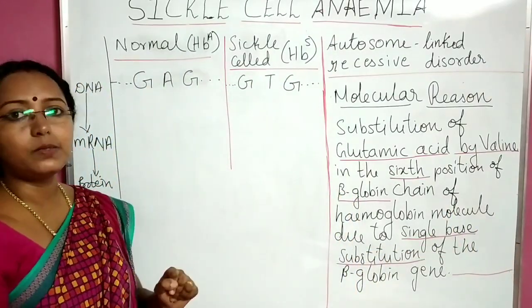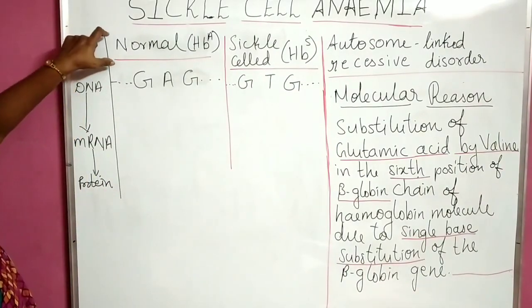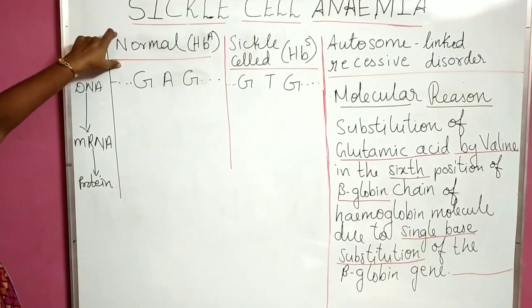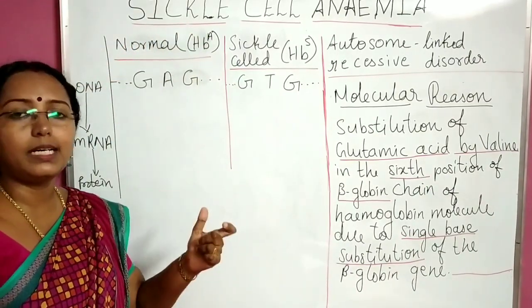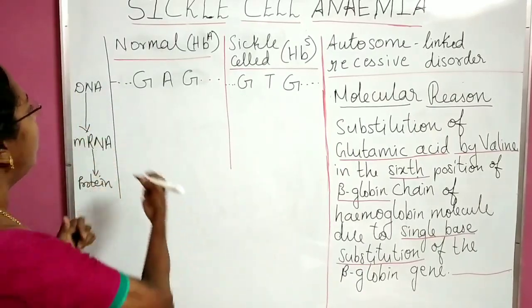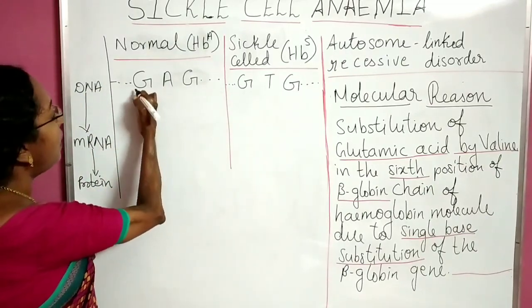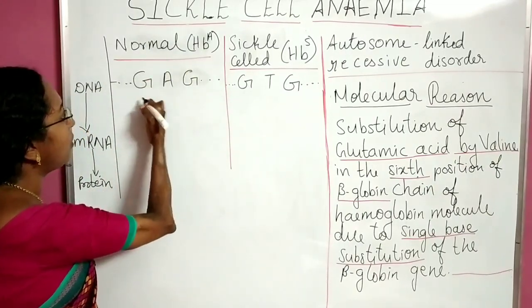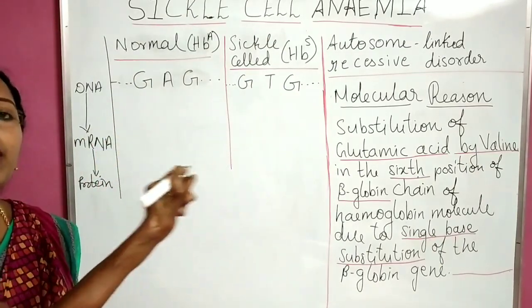Let us see in this case what is happening. In the case of a normal person, that is a person with the HBA gene, both the alleles are HBA. In that case the DNA will have many sequences here, many codes here. We are actually focusing on this particular code, which is responsible for the production of the amino acid glutamic acid.